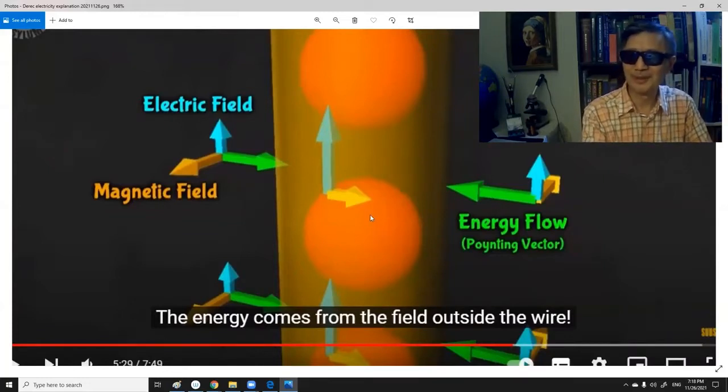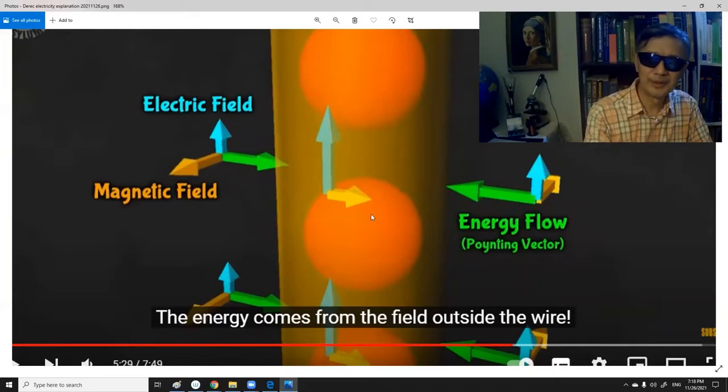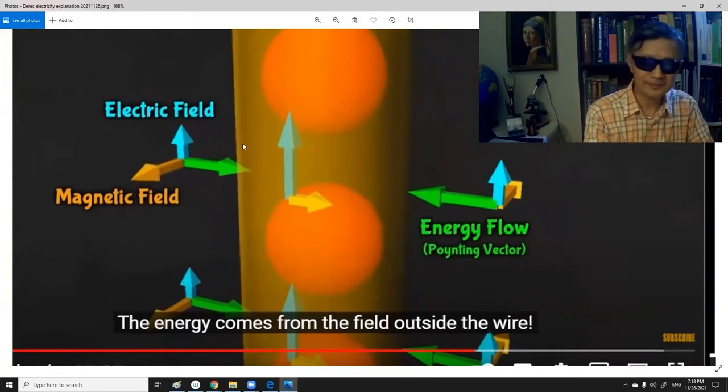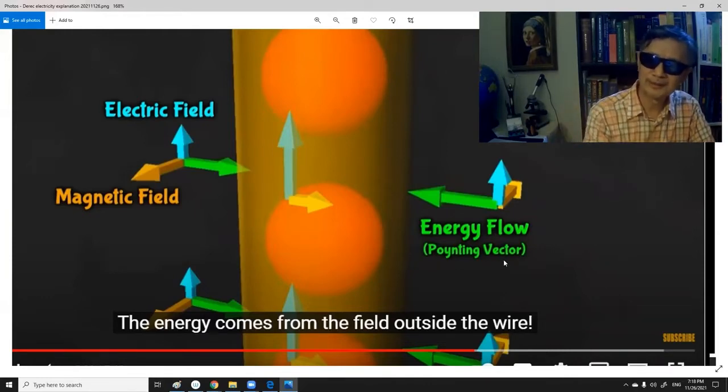So it was assumed that the electric field near the surface of the wire is parallel to the surface, and hence the Poynting vector is toward the surface.